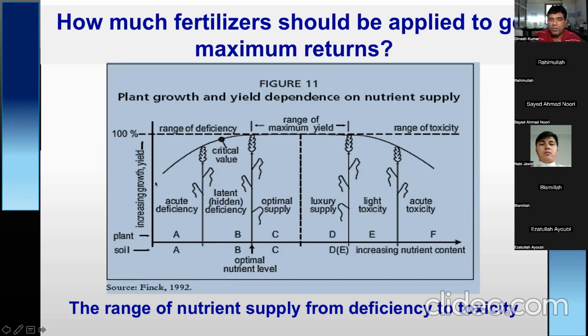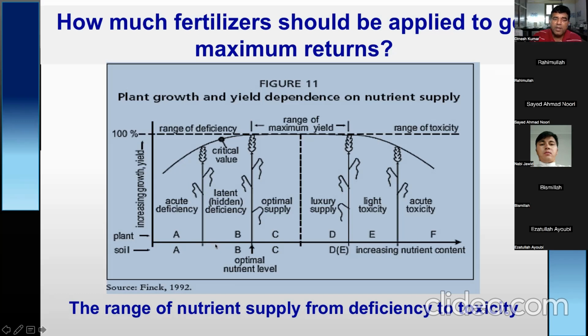Now see, initially on the x-axis, the nutrient supply in soil or nutrient content in plant is very low. Because of the low level of nutrient in soil or plant, it is giving you acute deficiency. Acute means very severe deficiency. But if you still increase the supply, you will have more nutrient as you move from left to right on the x-axis.